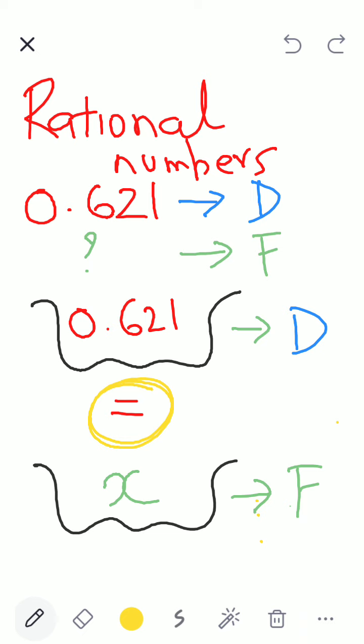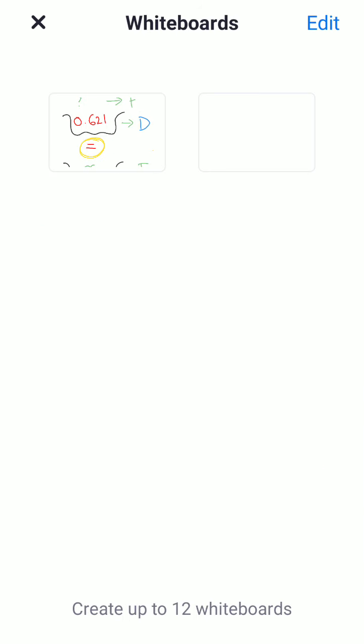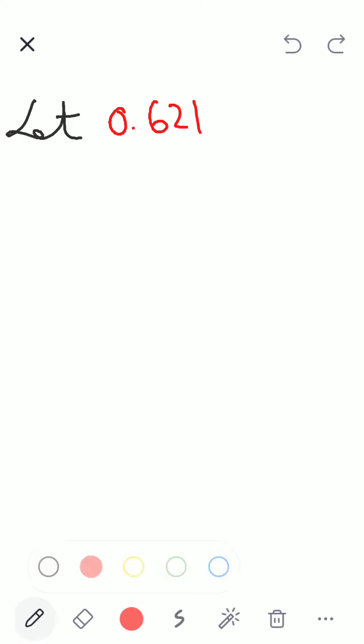So my first step becomes: let 0.621, that means 0.621 is in which bag? Decimal bag. Be X. So I have X equal to 0.621. Children, please mute.